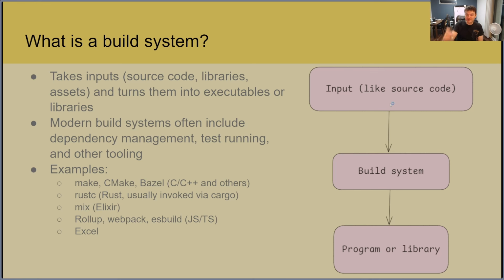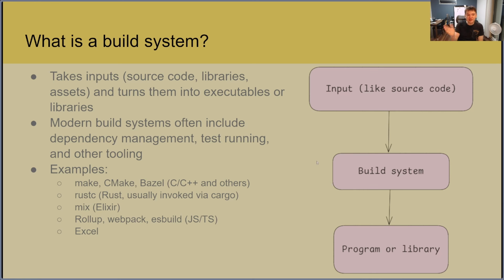Generally, inputs will go into your build system. You'll execute the build system with these inputs, and then that will produce either a program that you can run directly, or it will produce a library, which goes into the set of inputs for some other build system run, and then that produces a program or another library. So that's generally what they do.